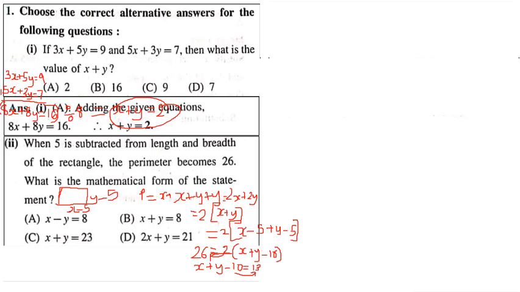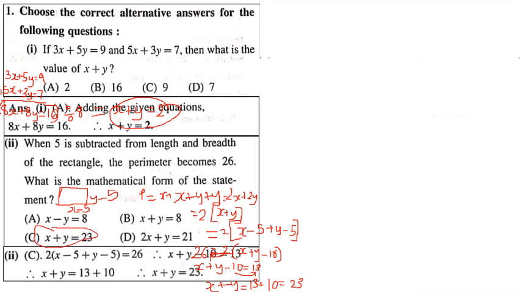So therefore x plus y is equal to 13 plus 10, which is 23. So the right option here would be x plus y is equal to 23. That is option C, the correct answer. Okay, so after solving you get it as 23. I hope you have followed this.